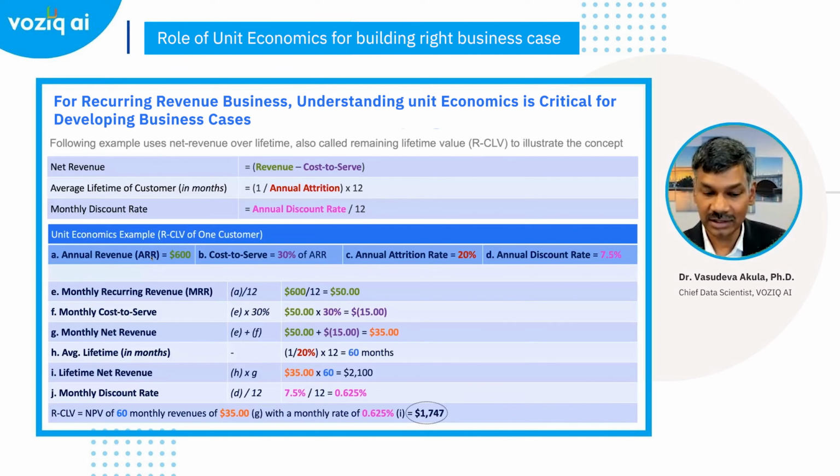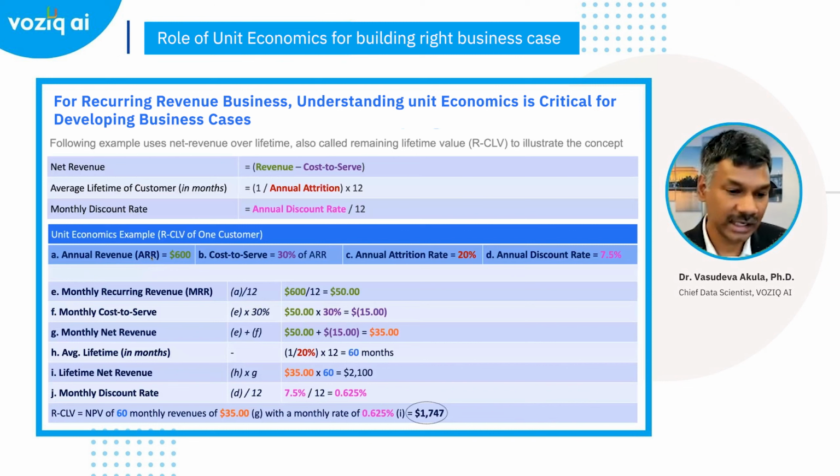But if we take that to the CFO and say that this is the number we have, then he'll course correct you. The course correction is that revenue is coming in the future, so let's apply the discount rate right away. If our cost of future money discounts at 7.5% every year, then when you apply that discount rate, the final value today of every single customer with these attributes is $1,747 as opposed to $2,100, right?